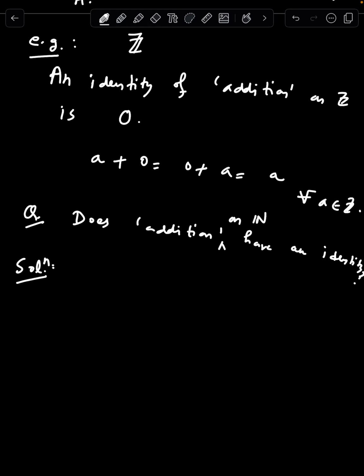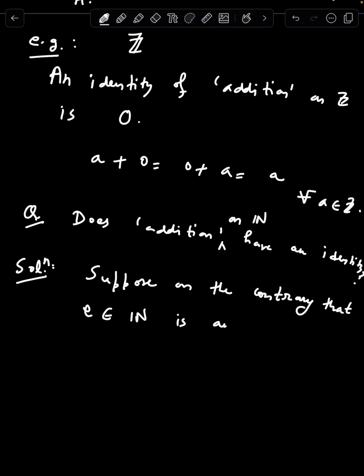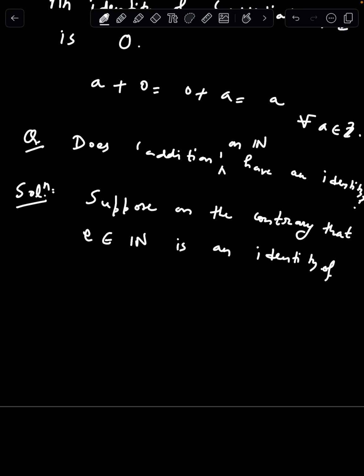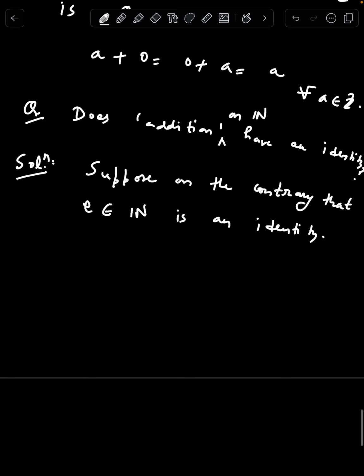But let's prove it. So suppose, on the contrary, that E is an identity, right?